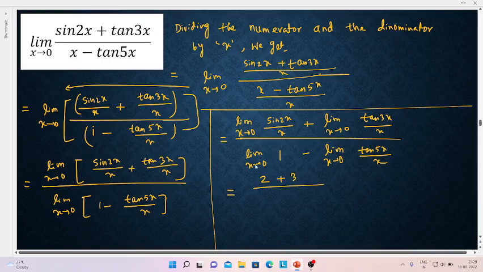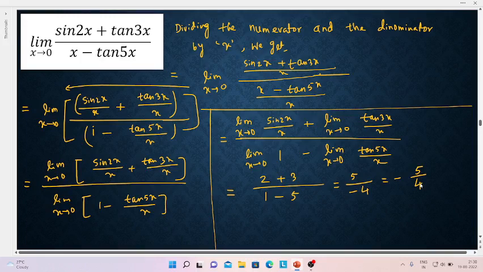Similarly on the denominator, the limit of a constant is that constant itself, which is 1, minus tan 5x upon x when limit x tends to 0, which is 5, right? So the numerator will become 5 and the denominator will become minus 4. So this is nothing but minus 5 upon 4.